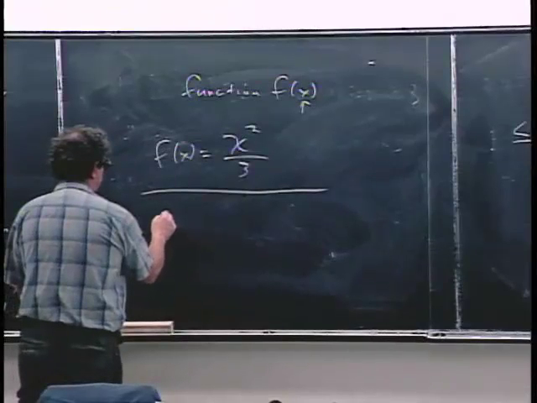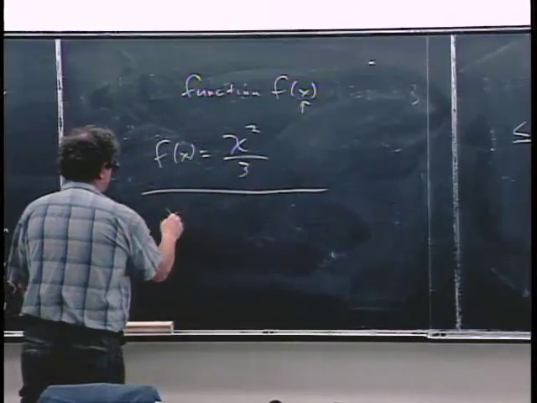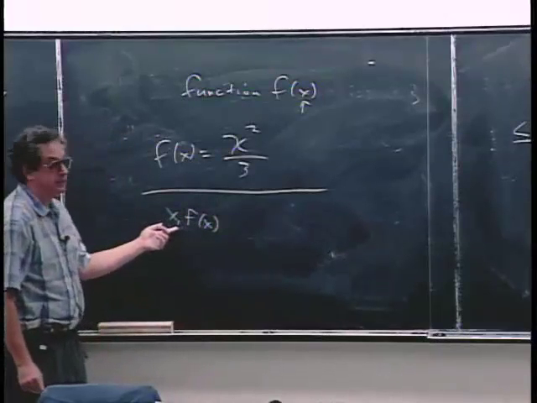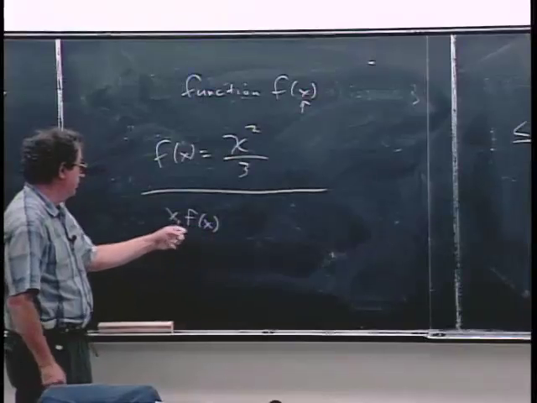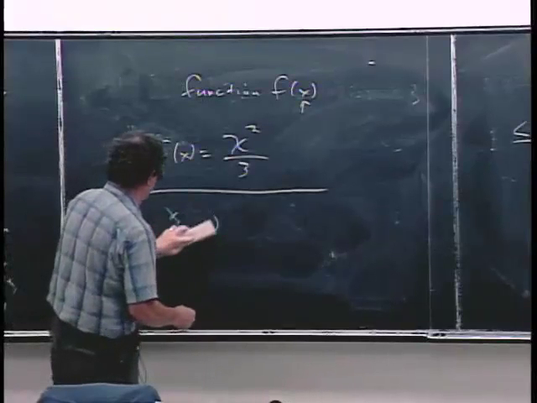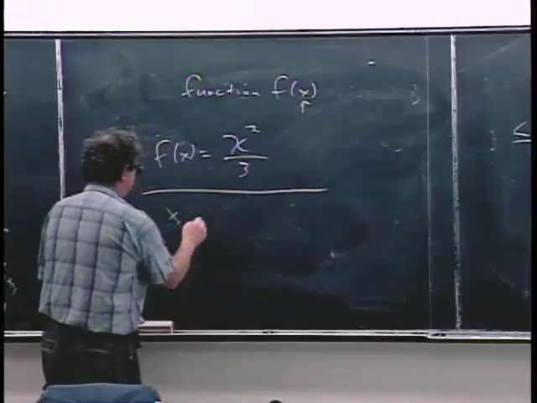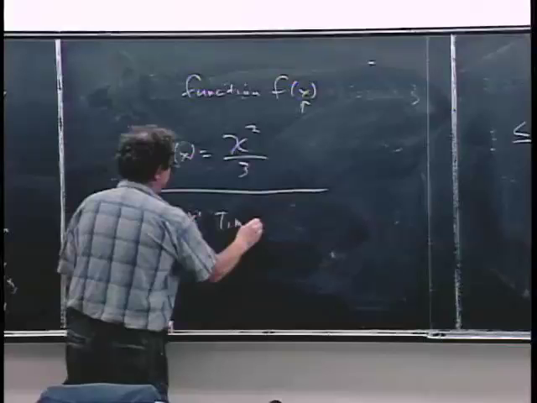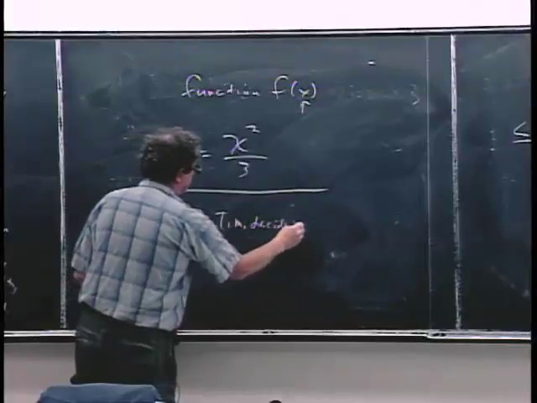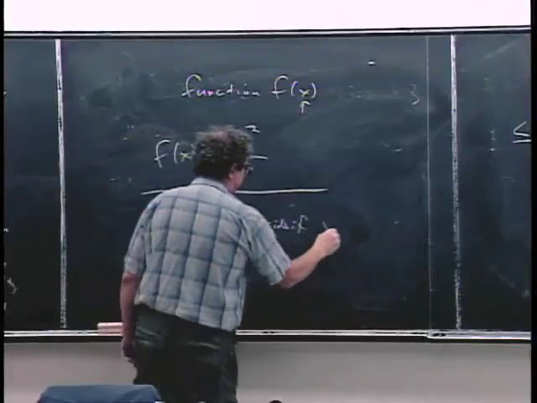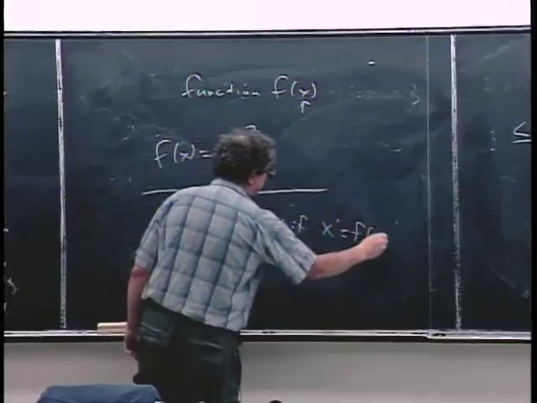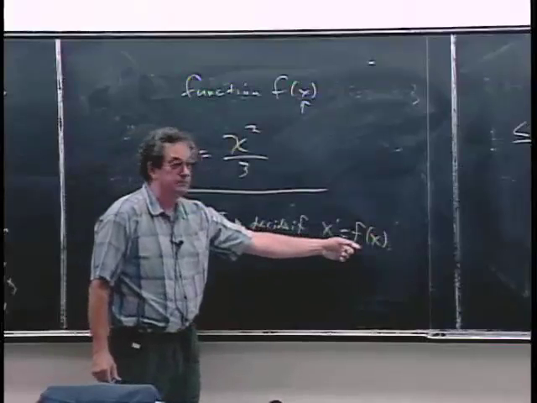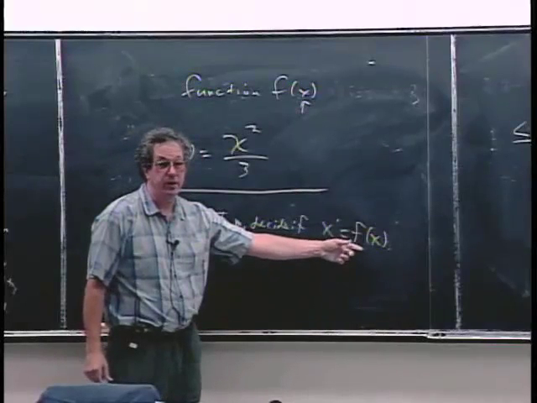We could have a language where the input is x, x prime, and the Turing machine decides if x prime is equal to f of x. Okay, so this is a Turing machine that's supposed to basically be computing the function f.